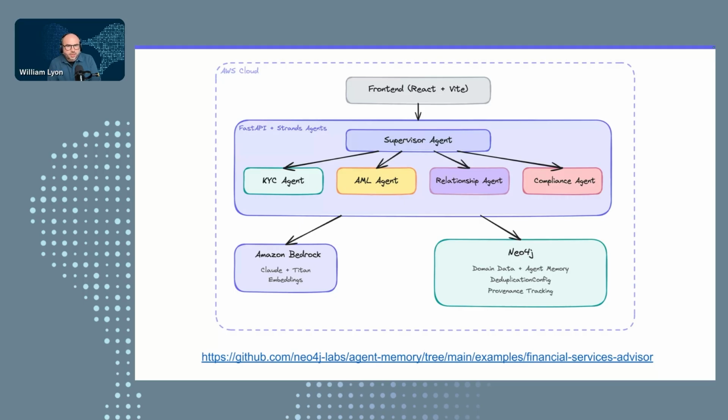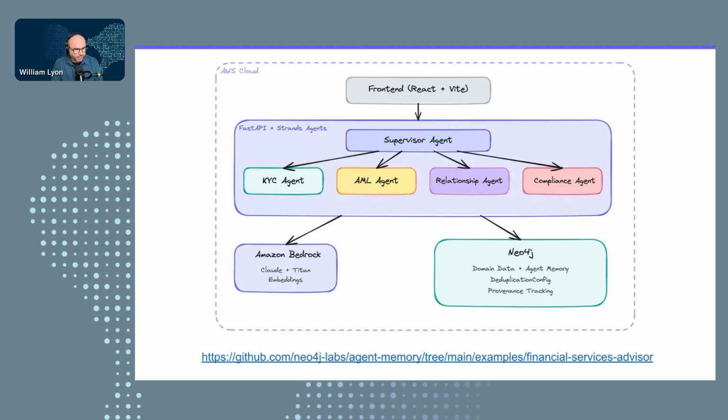So here we have an agent swarm, again in the financial services domain. We have a series of agents that are all implemented in the same agent framework, AWS Strands. They share a memory layer, but they all have a somewhat different persona.